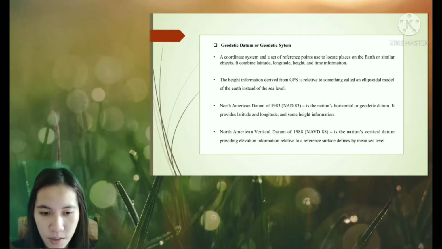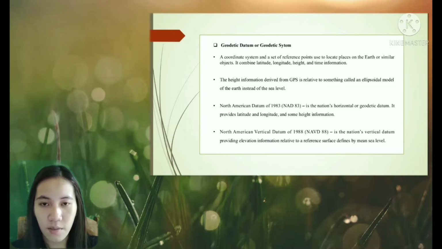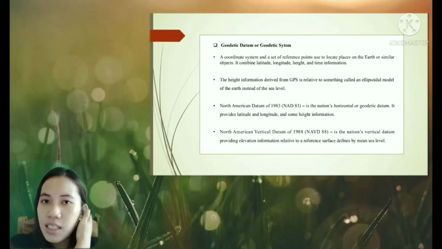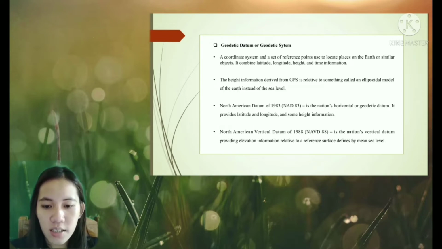It also gives you elevation relative to the reference surface defined by the mean sea level. But what is mean sea level? It's an average surface level of one or more of the Earth's coastal bodies of water from which heights such as elevation may be measured. So, when we say mean sea level, it is the average measurement of the sea level along the coastal area through the Earth's surface.